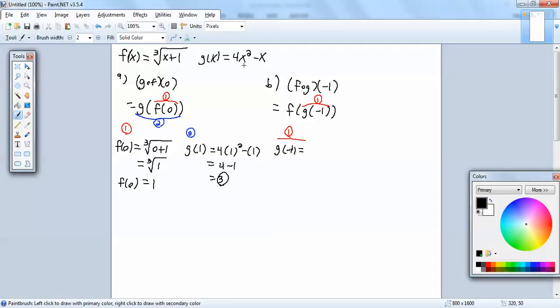We'll plug negative 1 in for the x. So I got 4 times negative 1 squared minus negative 1. Negative 1 squared is 1, times 4 is 4. Negative negative becomes a positive. So that gives us 5. And that's g of negative 1.